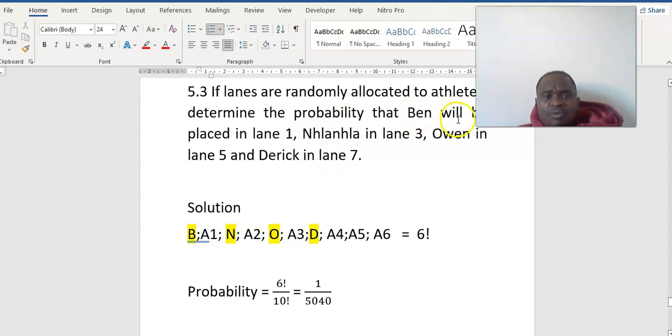Determine the probability that Ben will be placed in 1, Klankla in 3, Derek in 7, Owen in 5. It's going to be number of successes, which is 6 factorial, over our total outcome. What's our total outcome? 10 factorial. How did you get it? 1, 2, 3, 4, 5, 6, 7, 8, 9, 10.